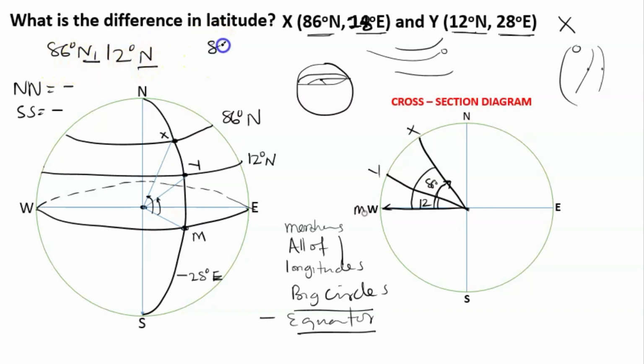So we have 86 minus 12, which gives 74 degrees. So the difference in latitude, which is our theta, is going to be 74 degrees.